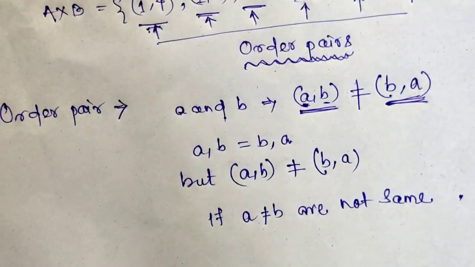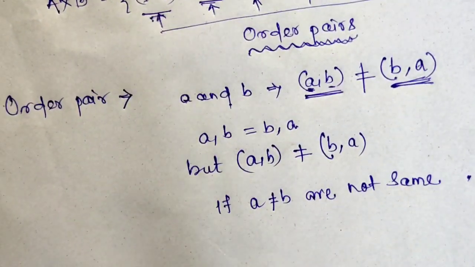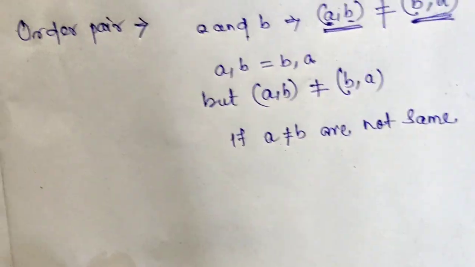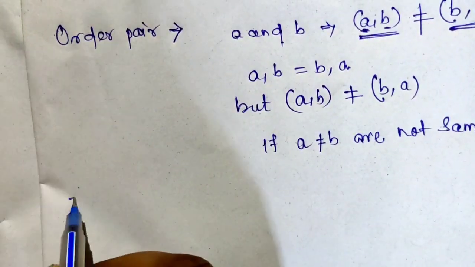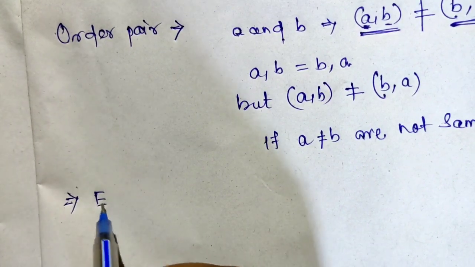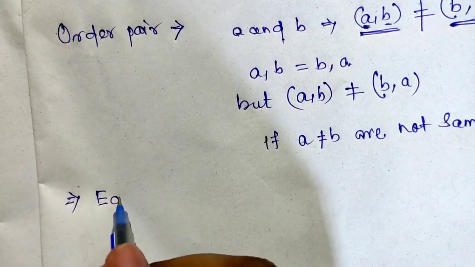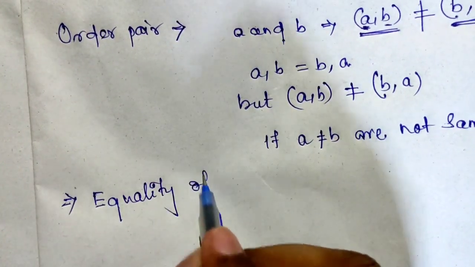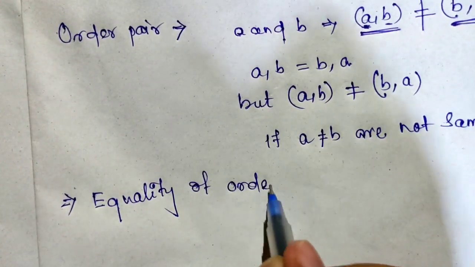Now a new terminology, that is equality of ordered pairs.